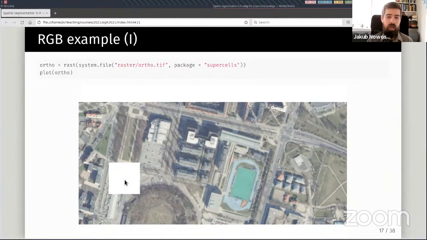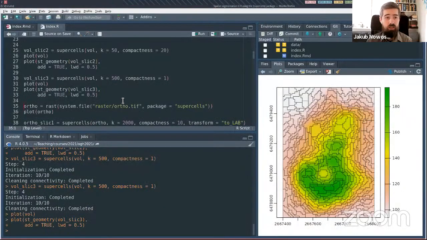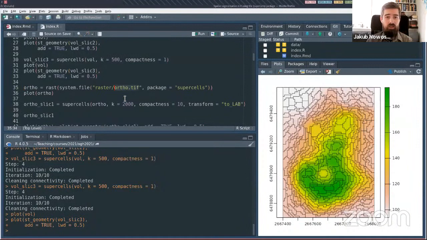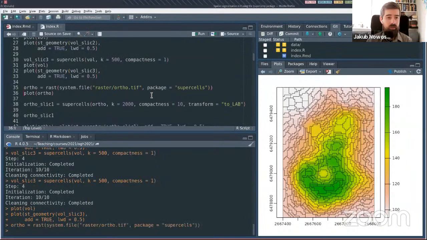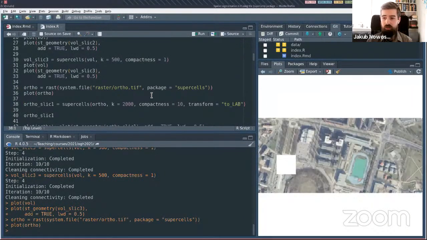And our main goal is to divide the space into, in this example, similar objects. In this case, our objects could be buildings or roads or grass areas and such. And this data is also included in the package, so I assume that all of you can read the data.